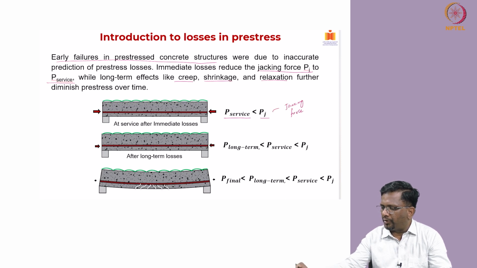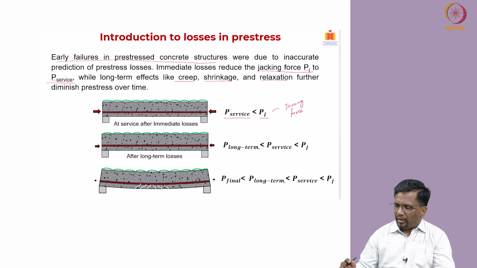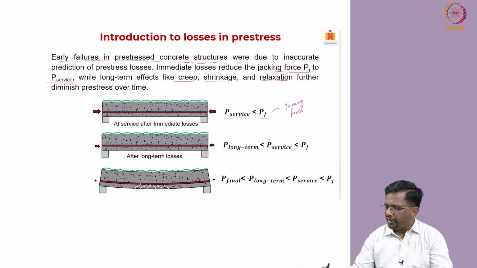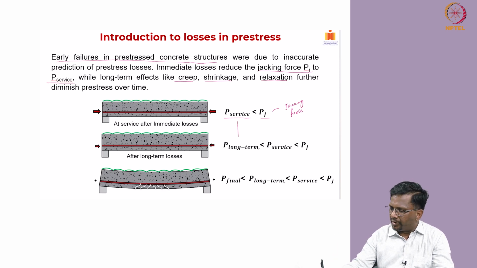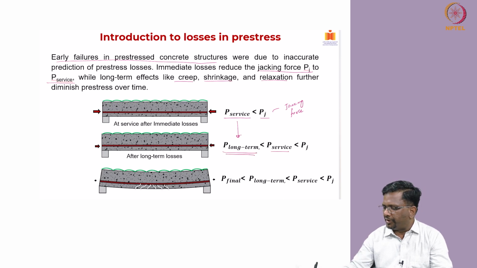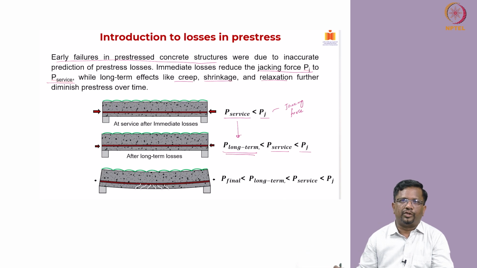And the same member over a period of time, because of the effect of creep, shrinkage and relaxation, P service will start reducing and then it will become P long term, which is definitely going to be less than the P service that we looked at, and also less than Pj, your initial jacking force or jacking stress that we gave to the tendon. Now, this is the P final, let us say you are doing the calculation at the end of 5 years or 6 years.